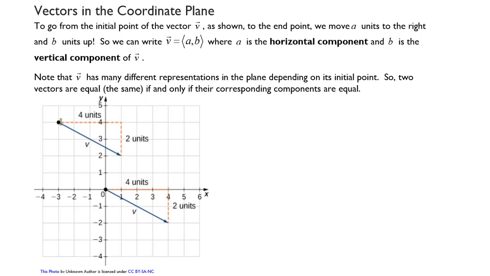So if we look at the vector starting at -3, 4, and then terminating at 1, 2, we can see that that's equivalent as a vector to starting at the coordinate point 0, 0 and ending at the point 4, negative 2. Their displacements are the same.